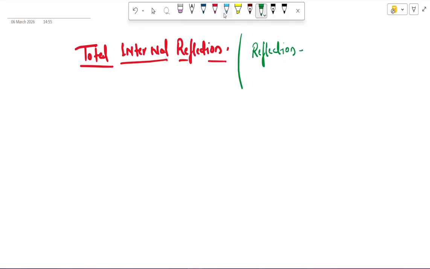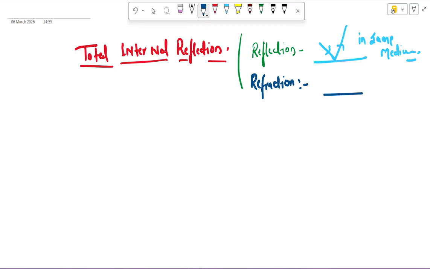Reflection is when light passes through one medium and gets reflected from a surface in the same medium. When we discuss refraction, we are considering two media, medium 1 and medium 2.